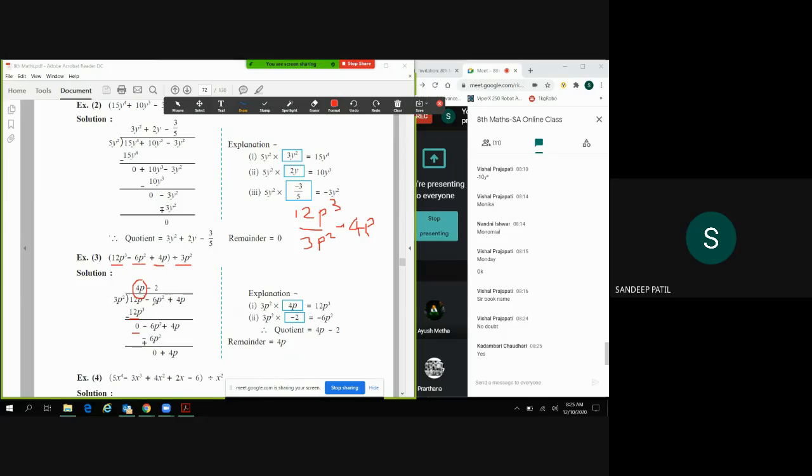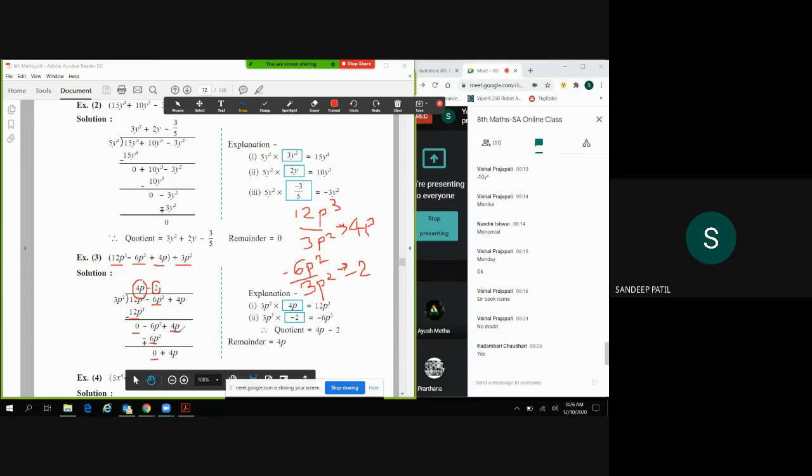Okay. The second term is minus 6p square, so minus 6p square divided by 3p square. We can divide the constant terms, minus 6 divided by 3 becomes minus 2, and p square divided by p square becomes 1. So we write minus 2 here, and 3p square into minus 2 becomes minus 6p square, and minus 6p square minus minus 6p square becomes 0.